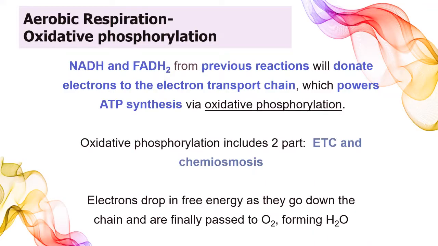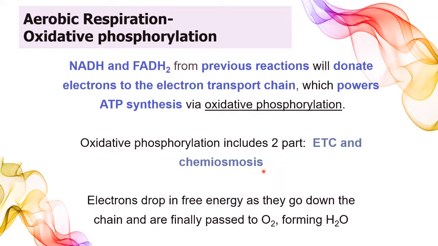Now, all the NADH and FADH2 which were produced from glycolysis and also Krebs cycle will need to enter oxidative phosphorylation. In this oxidative phosphorylation, the NADH and FADH2 will need to transfer their electrons to the electron transport chain, and these electrons will power the ATP synthesis.